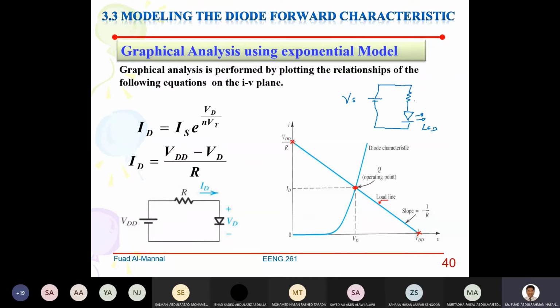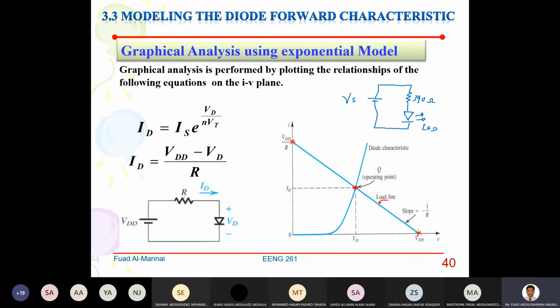A small resistor, for example 390 ohm, or 330 ohms. So this is a limiting resistor. When you do that, there is a current flowing here called ID, and there is a VD, which is approximately 0.7 volt for the silicon diode.